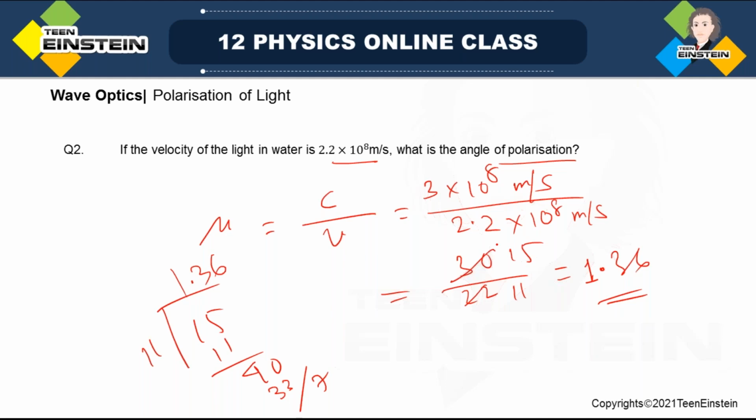Thus we have completed this chapter. Hereafter we'll go for the next chapter, that is dual nature of radiation and matter.